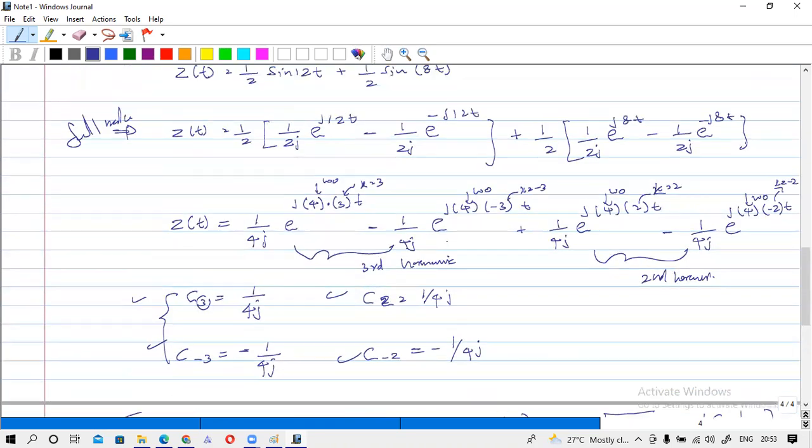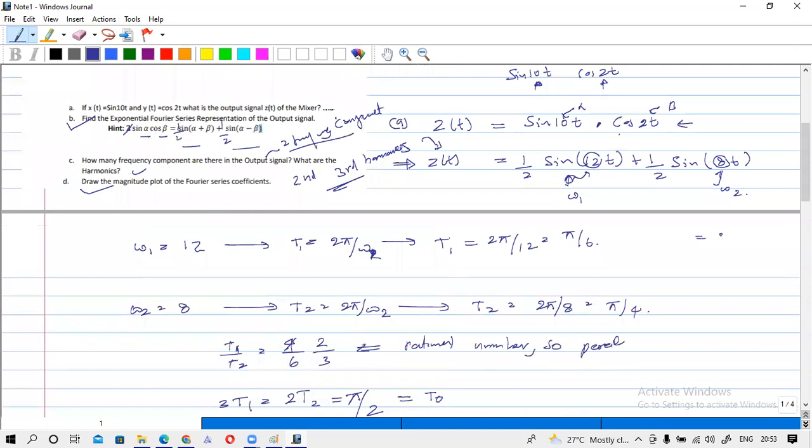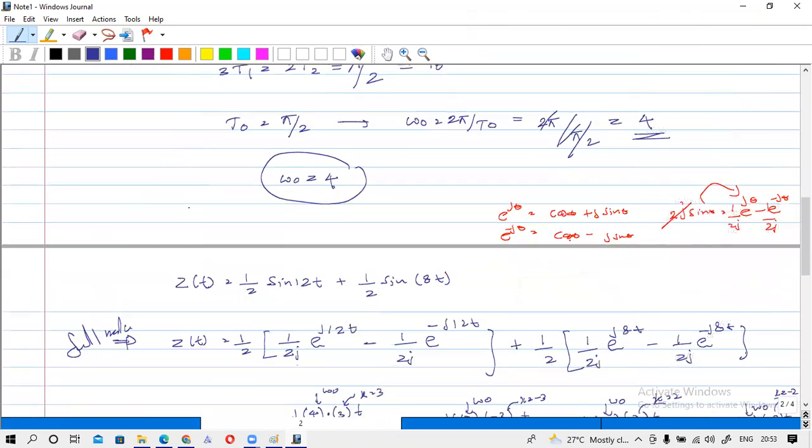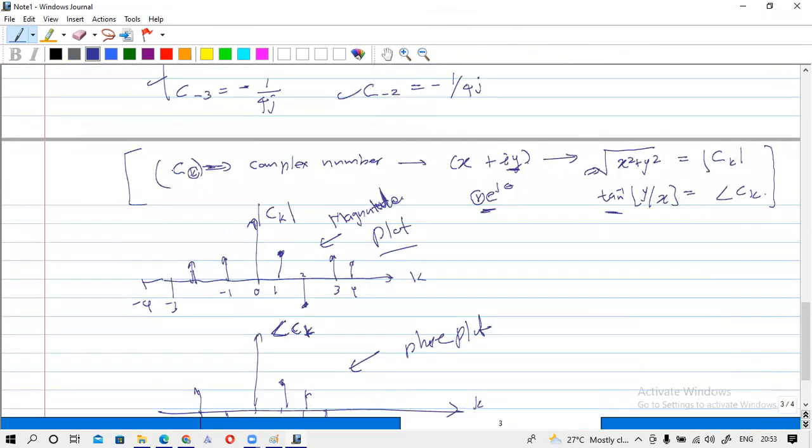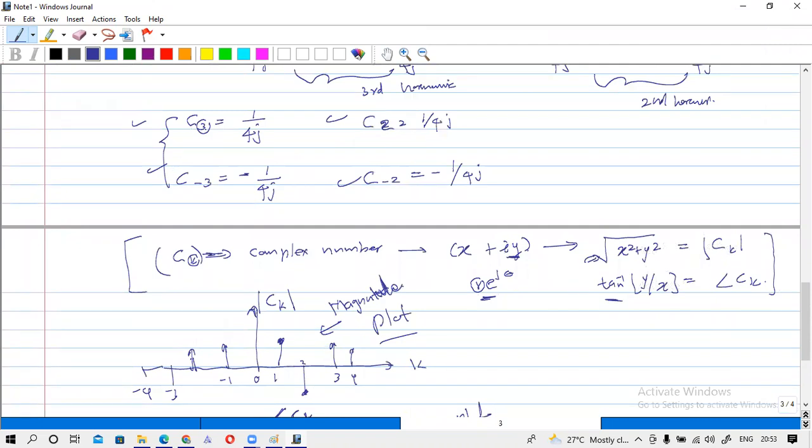Here we are asked to draw only the magnitude plot, so it is very easy. We have coefficients, and we have k values only 3, -3, 2, -2. So I have to draw the magnitude, that is the magnitude of ck with respect to k.